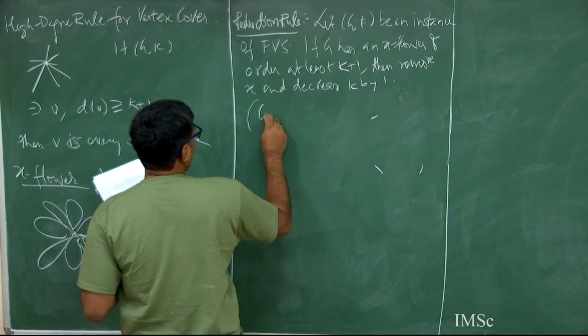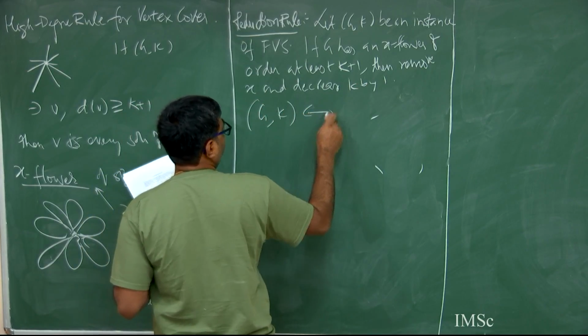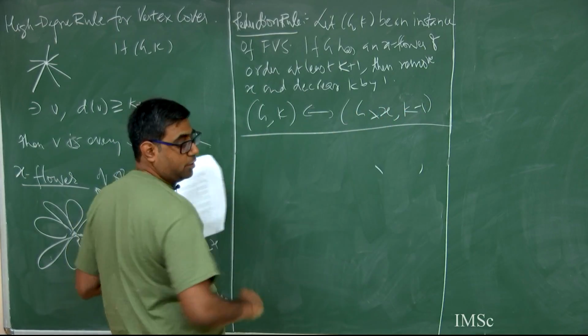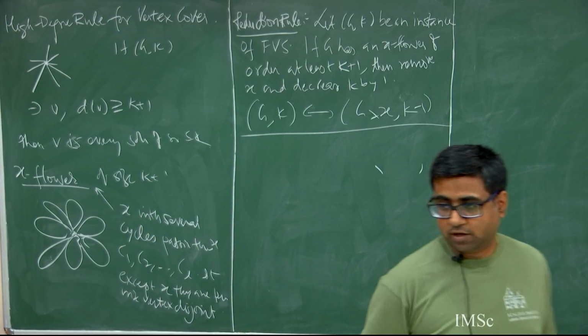So basically (G, k) becomes (G minus X, k minus 1). This reduction rule is obvious and I am not going to prove its correctness.